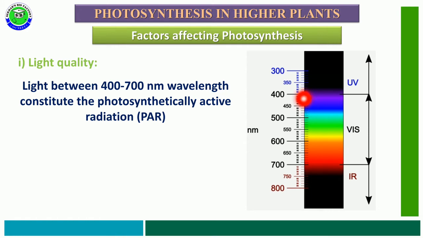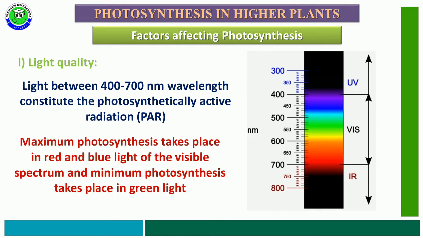That 400 to 700 nanometer light is actually visible light, and this visible light, which participates in photosynthesis, is called photosynthetically active radiation or PAR.